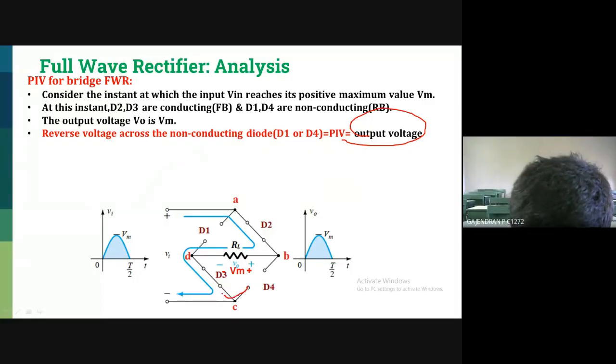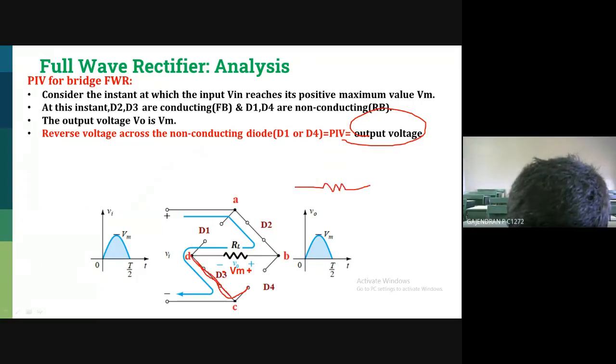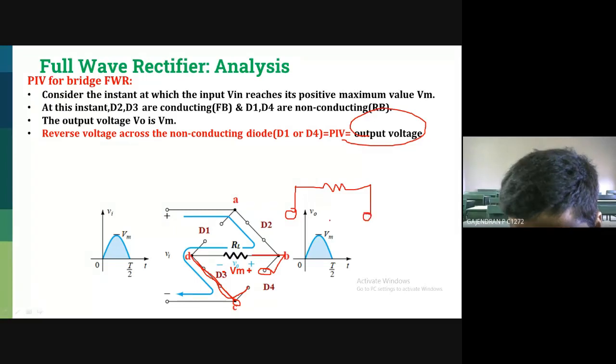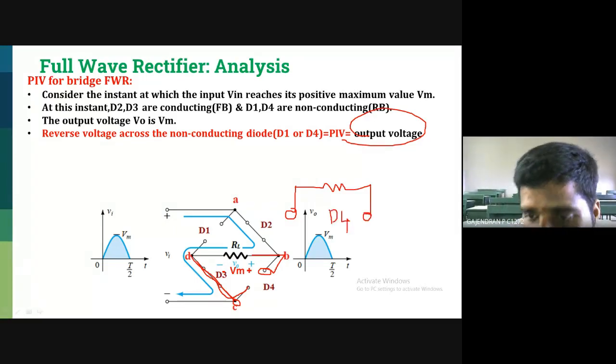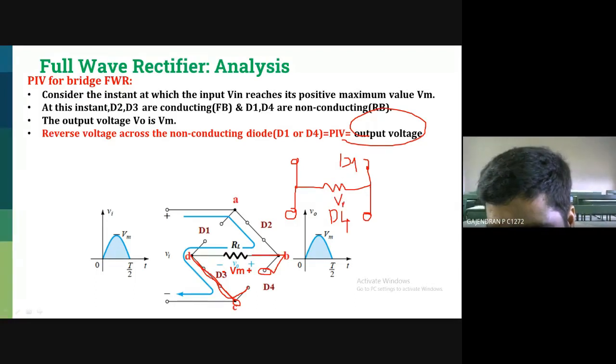If you trace the circuit, let me draw the circuit like this. This is my resistor, across it one terminal, then across it another terminal. That is my D4. Similarly, in the top portion, that is D1. Then what will it be? Peak inverse voltage equal to Vm.